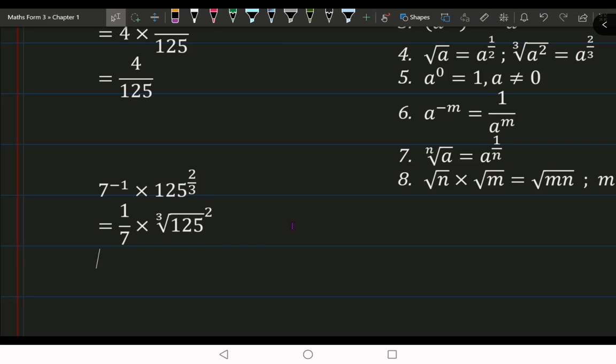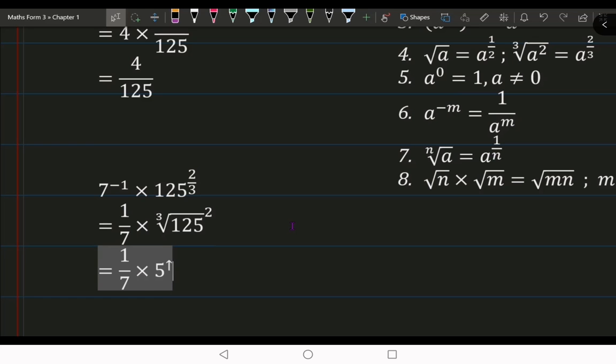Okay. Go to the next step, 1/7. The cube root of 125 is 5, because 5 times 5 times 5 is 125, as already mentioned before.